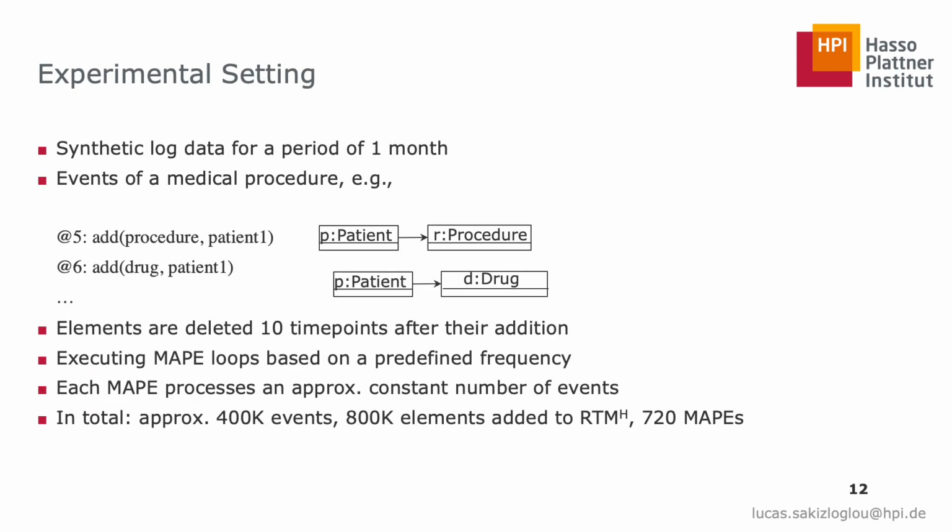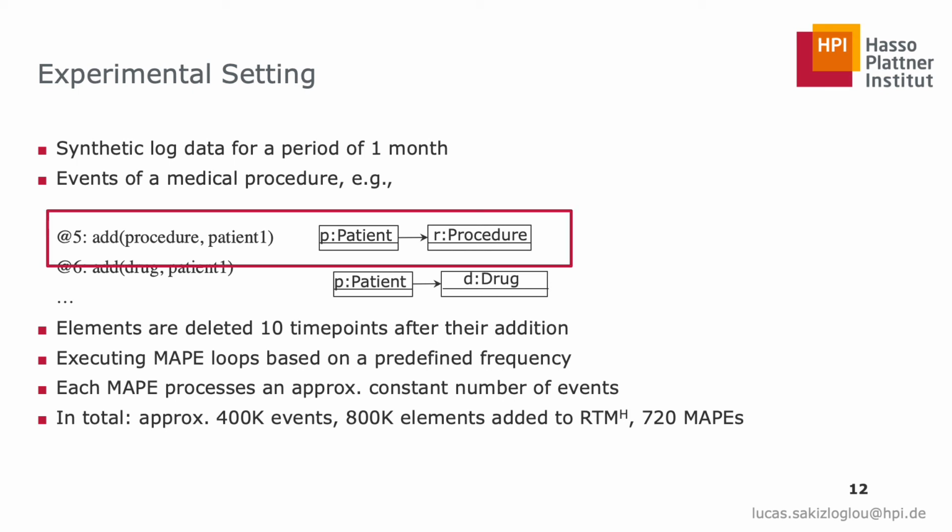In our experimental setting, we generated synthetic log data for a period of 1 month. The log data consisted of events relevant to the medical procedure we have already discussed. The events were timestamped and concerned actions that were translated into patterns that were added to the runtime model with history.